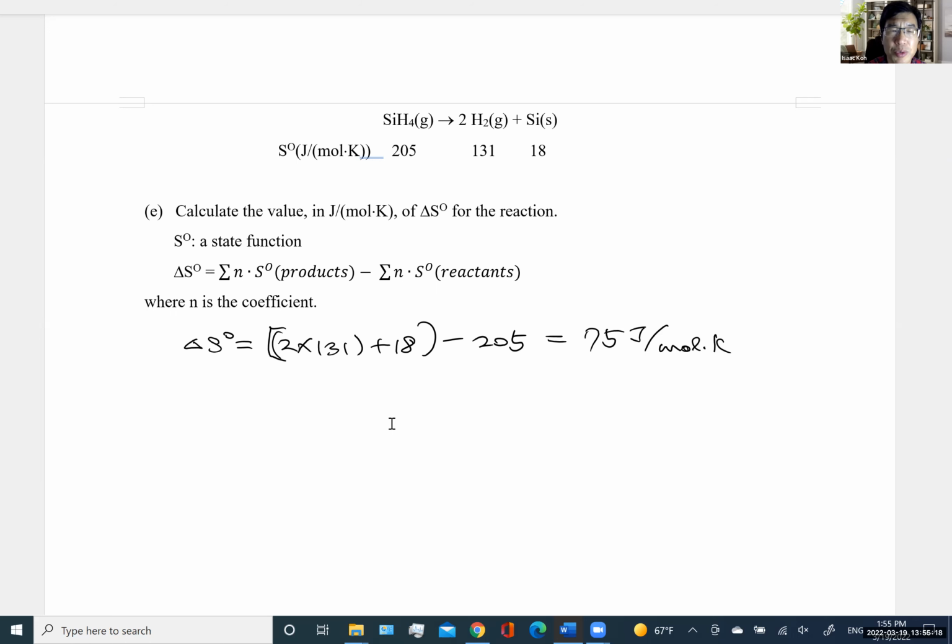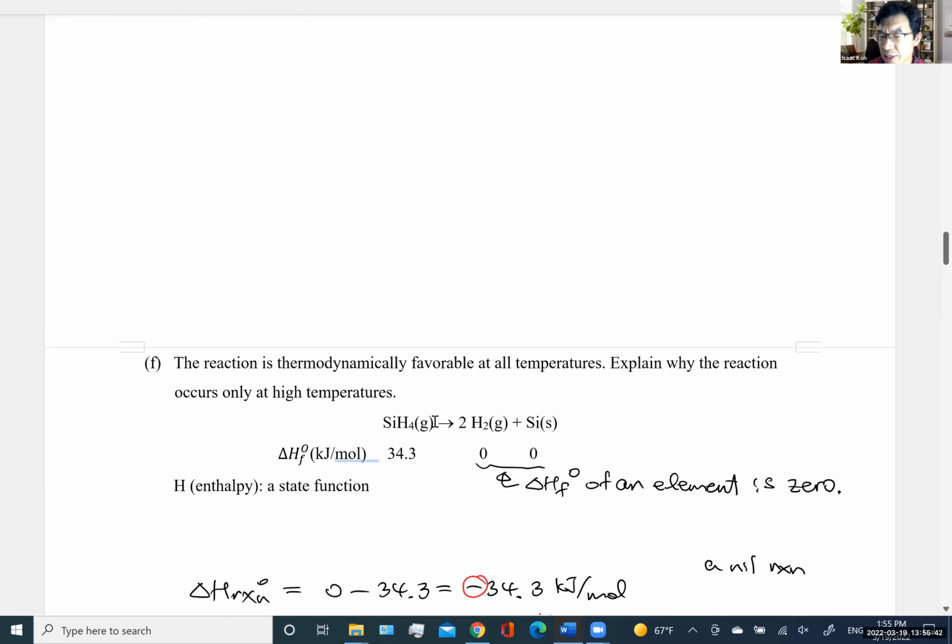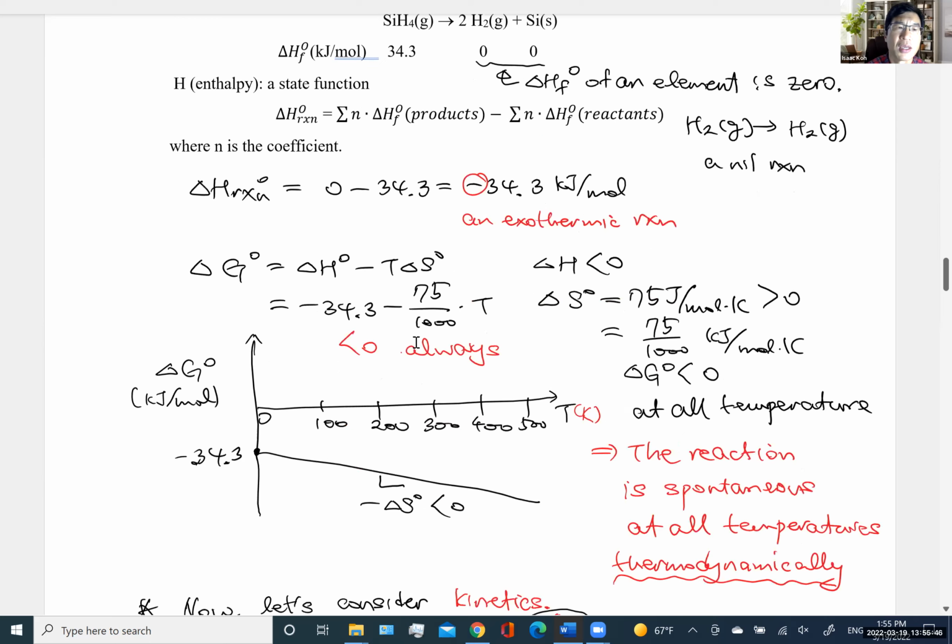On the product side, the coefficient of hydrogen is 2, so twice 131 plus 18 minus 205, which is 75 joules per mole K. All right, so the entropy change of the system for the chemical reaction that we are interested in is 75 joules per mole K. Now let's move on to understand the spontaneity of the chemical reaction and reaction rate.